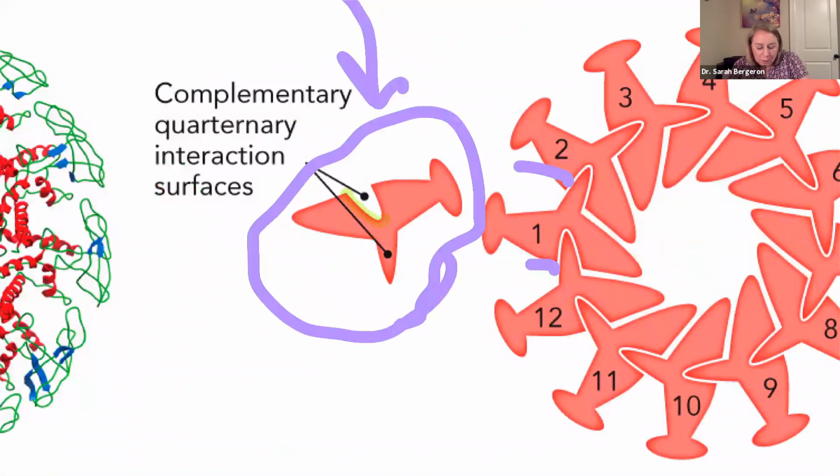So here's one, right? And here's one. Because it's going to end up being a circle, because it's going to be globular, you have to have adjacent subunits to basically interlock with one another. And so the interaction surfaces allow that interlocking.